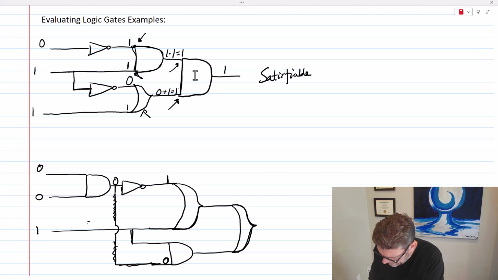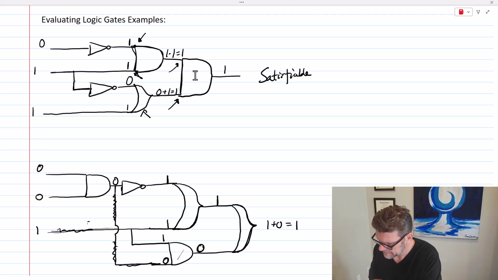Now, this third line down, this one right here, is going to end up becoming a 1. So I have 1 plus 1, that's going to give me 1. And then I'm going to notice that 1 is going to come down. It's going to move and become part of this line. So it's a 1. We now have the AND gate that's going to evaluate to 0. And then we have 0 plus 1 that ends up equaling 1. 1 plus 0 equals 1. And there we go.